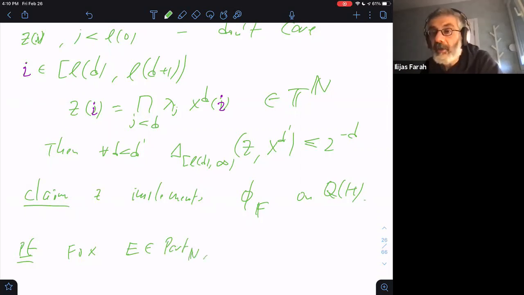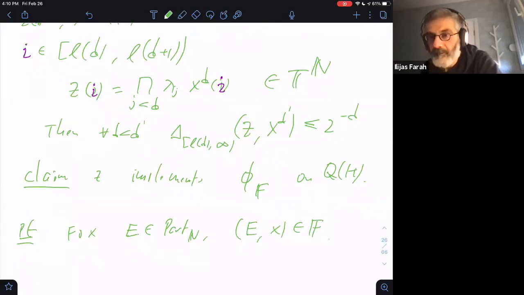Now, because our set that we started the proof with, F, was cofinal in part n, we can assume that E belongs to F. Okay, now E doesn't belong to any of the F_d's, it is somewhere in F.